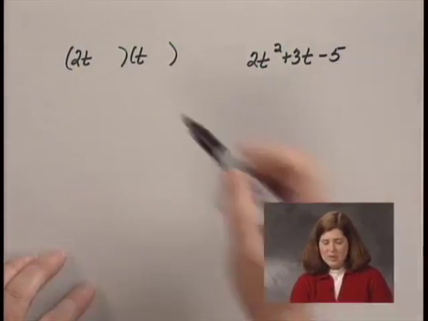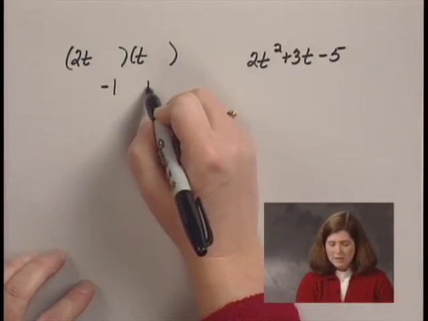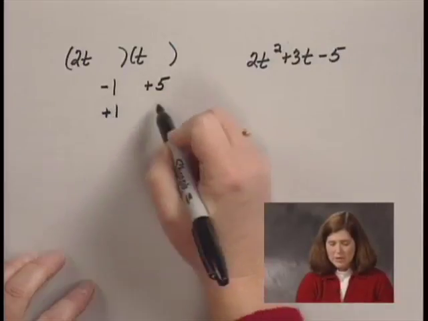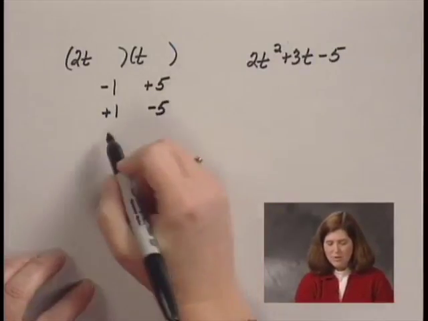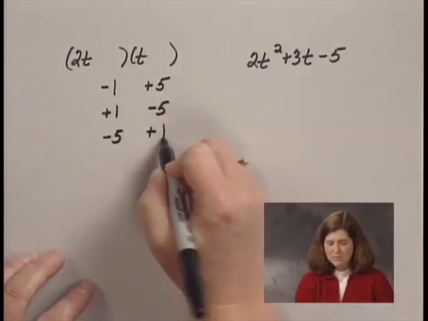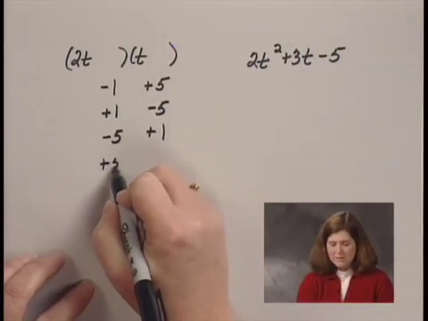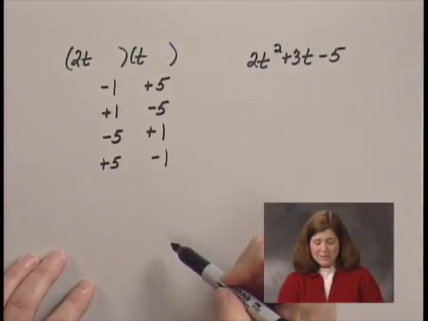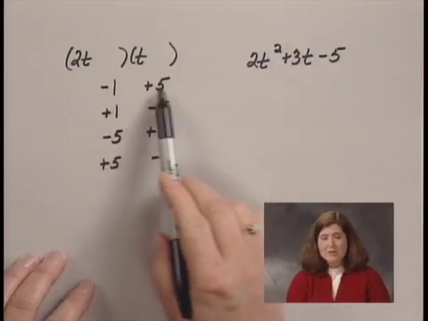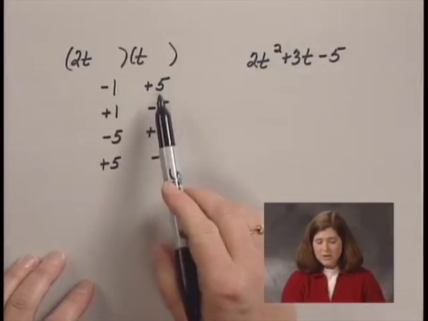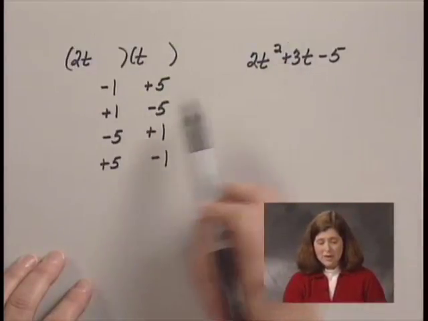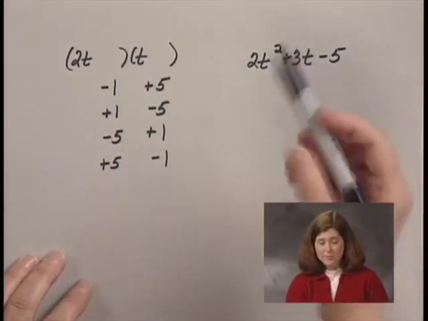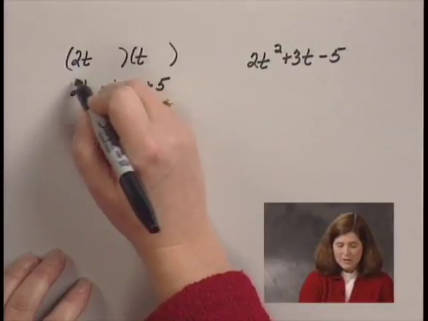My options would be -1 plus 5, or +1 minus 5, or -5 plus 1, or +5 minus 1. So I have 4 different options. Now, I'm going to check this first one. If on this first one I don't get a +3 or a -3, I don't need to check the next one because changing the signs will only change the sign of the middle term. So let me check this one here.